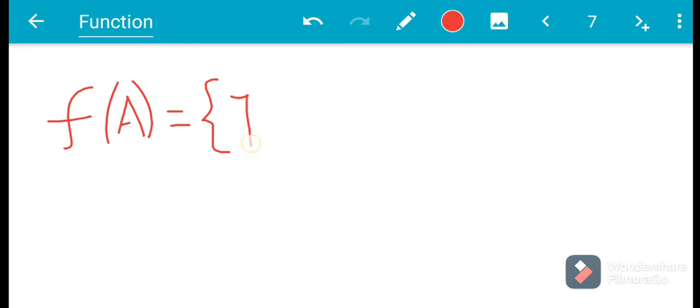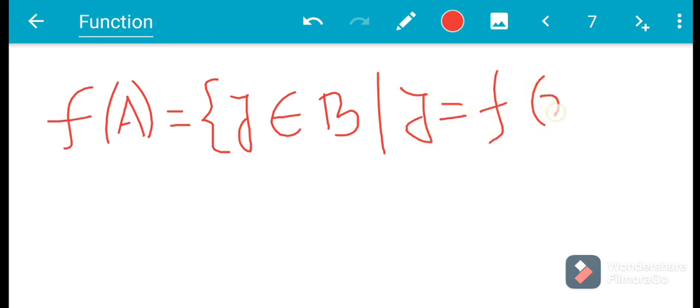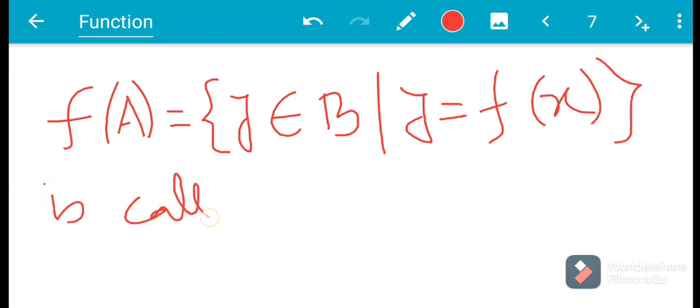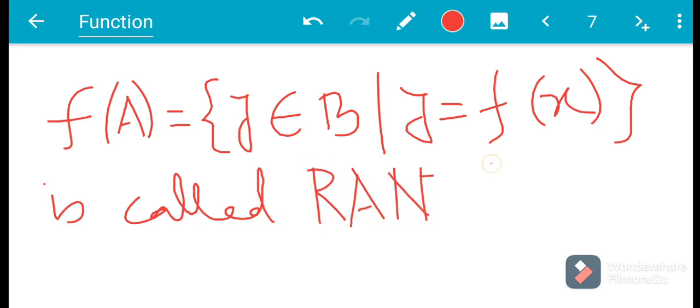Now how to define f(A)? f(A) is all those y belonging to B such that y is equal to f(x), and this set is called the range of a function. So this is range. We have discussed domain and codomain.